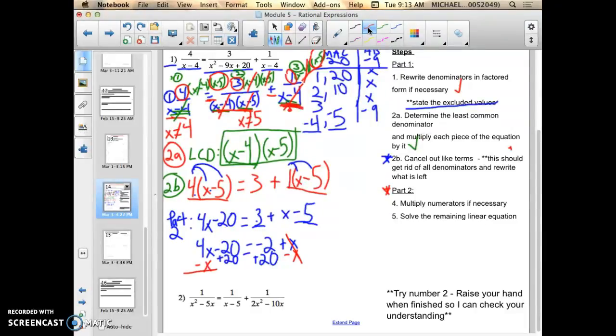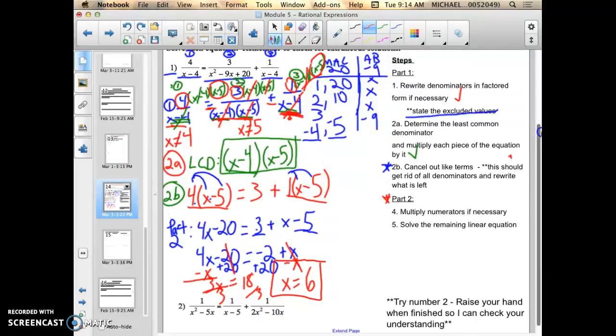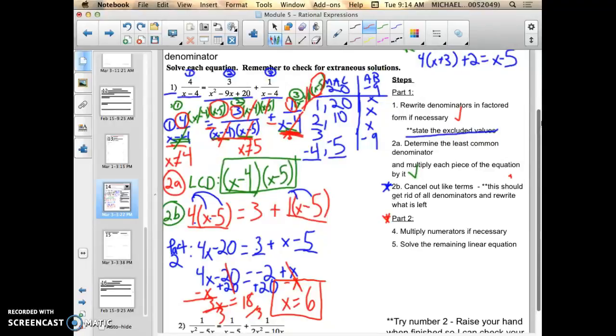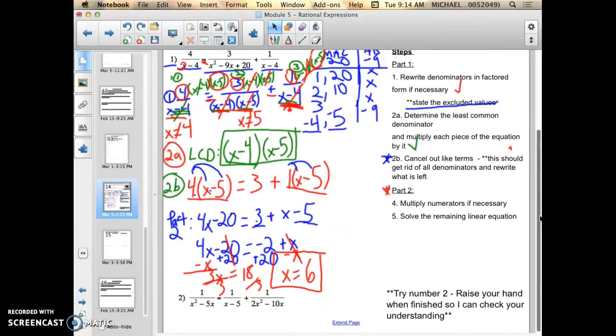So the x's go away over there, the numbers go away over here. 4x minus x is 3x equals negative 2 plus 20 is a positive 18. And then finally, I divide by 3, divide by 3. So x equals 6. This is the answer to my original rational equation. If I put 6 in for my x's up here, it would balance out the equation and it would equal each other.